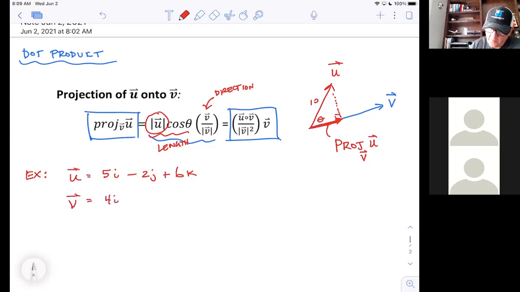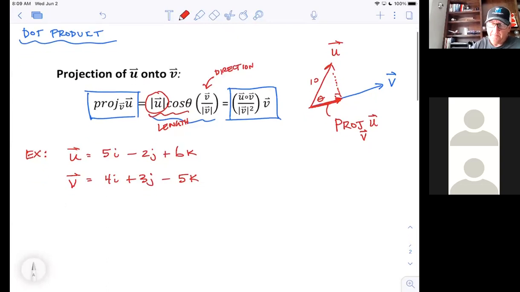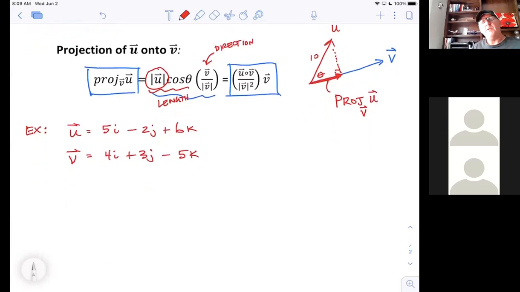So let's make this V 4I plus 3J minus 5K. So can you find the projection of U onto V from those two vectors?